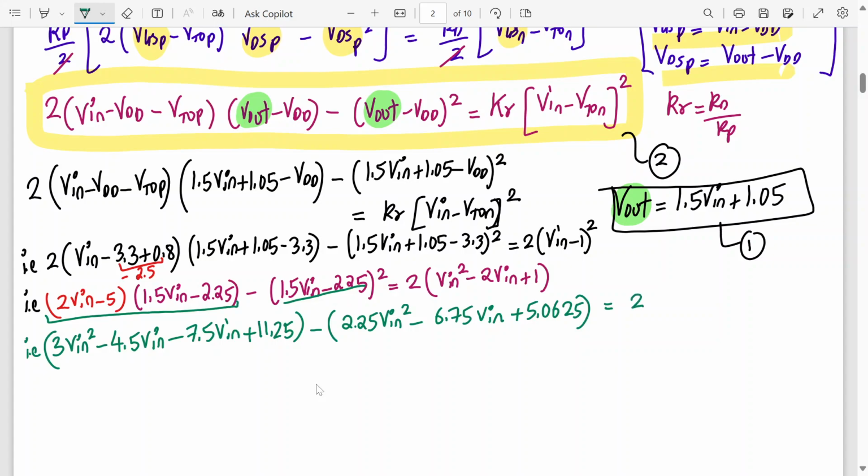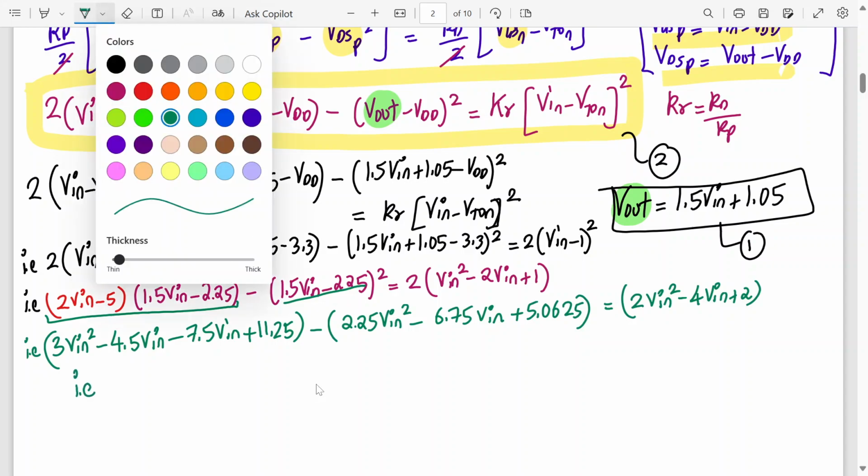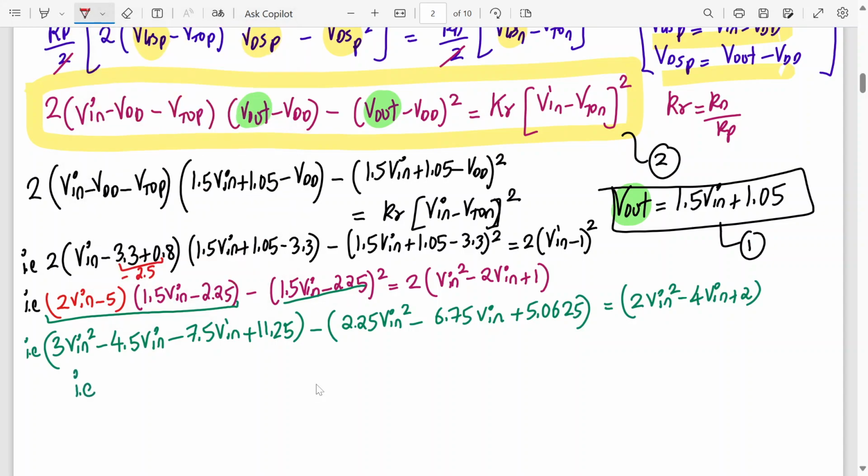And this will be twice V in square minus 4 times V in plus 2. Check if I have done this correctly or not, because this is where the numerical is going to go ahead or not. Please check each and everything. I might make a mistake over here, but you need to be vigilant. Is this correct now? Yes or no?